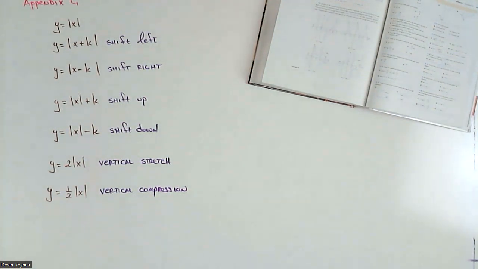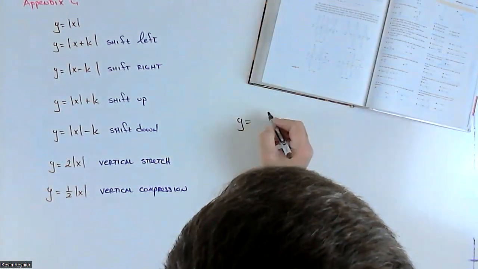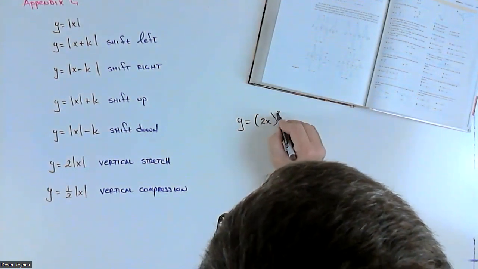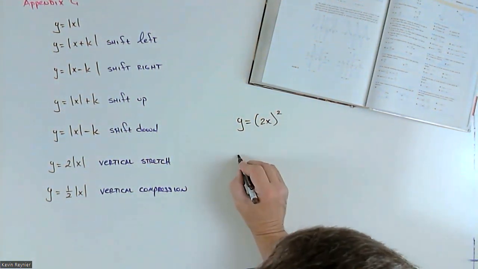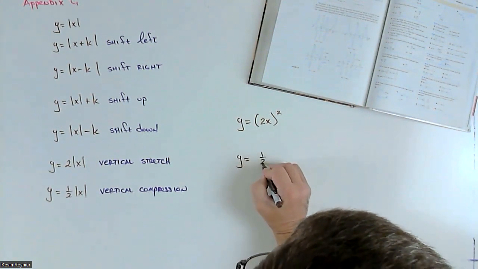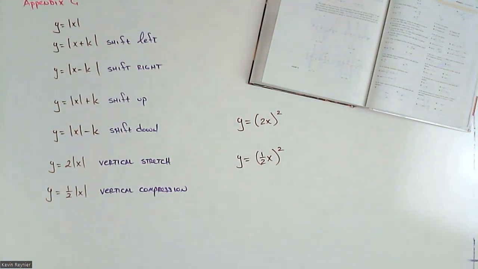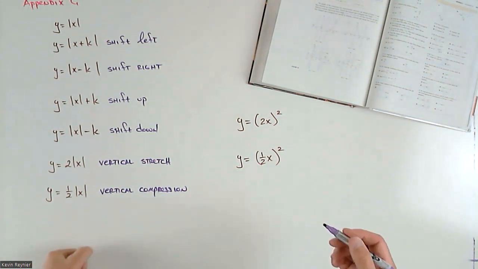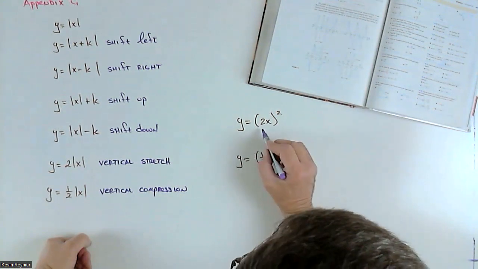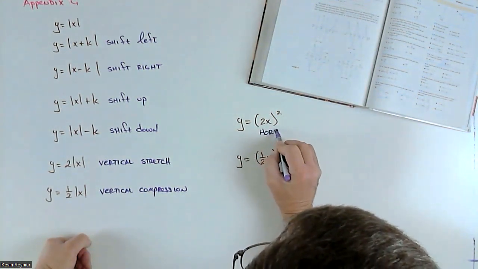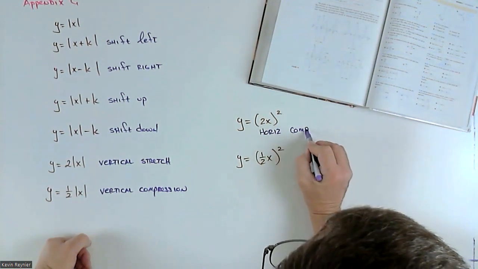Now, the other thing we have to worry about is when we multiply inside. Those are the ones that confuse us a lot, because if we multiply inside, something like y equals (2x) squared, or y equals 1/2 x, and it's inside the function, these are horizontal compressions and stretches. The thing we had to remember here is that when the number's bigger than 1, it becomes a horizontal compression.